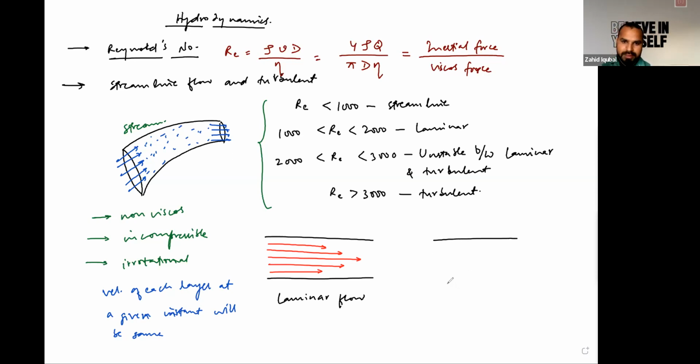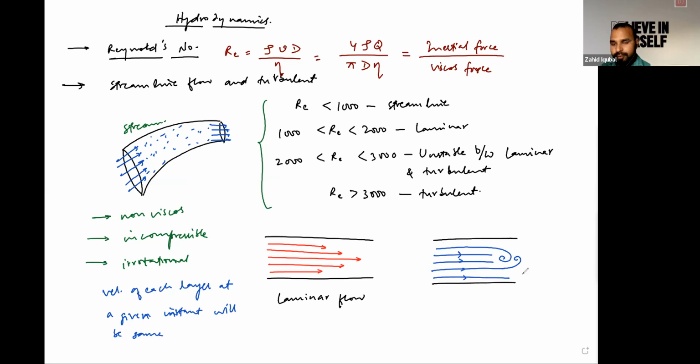In case of turbulent flow, suppose we have irregular velocity of each layer of liquid. Due to irregularity in velocity of layers of liquid, there will be space created just after it, like this.